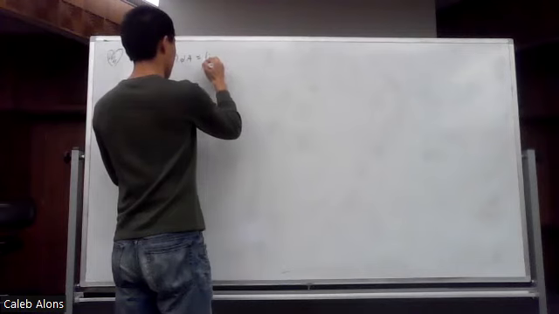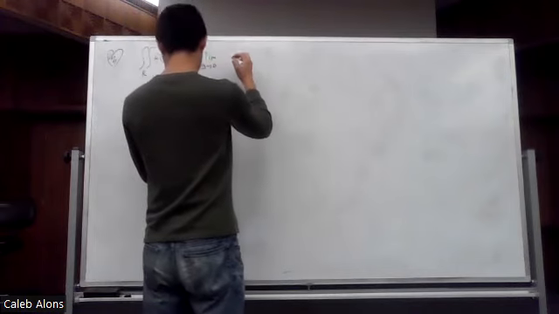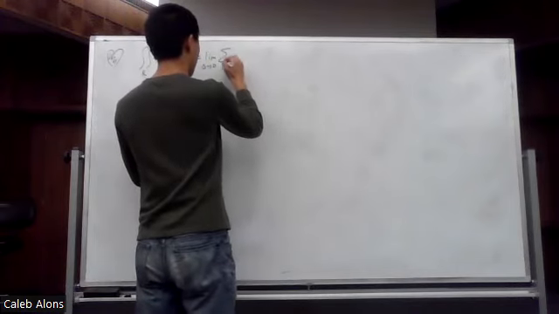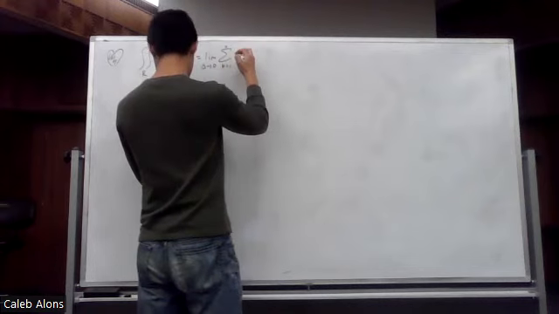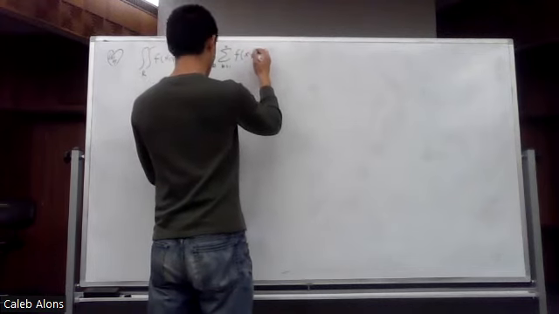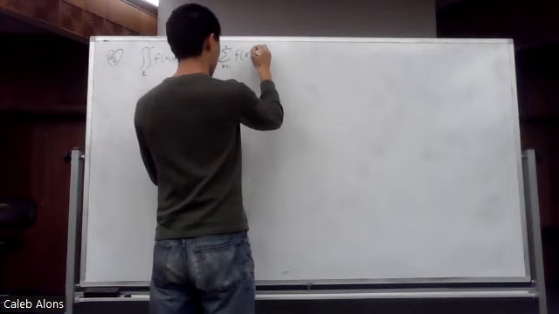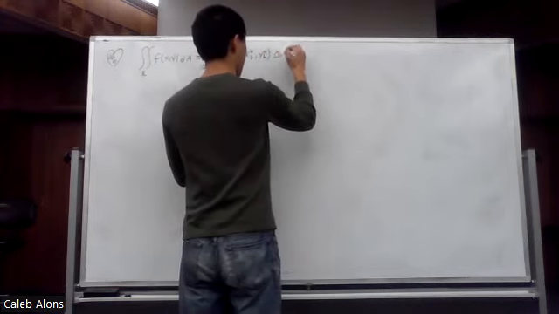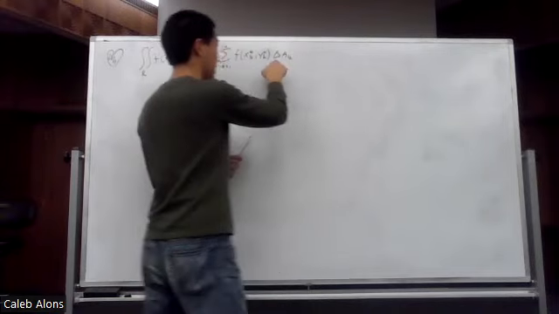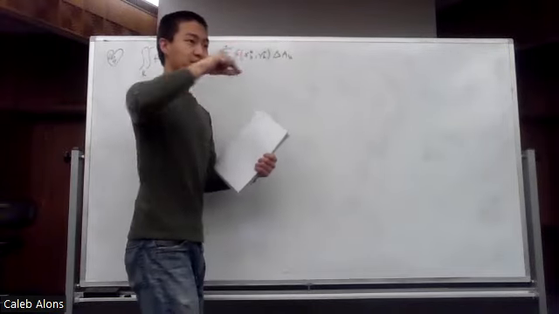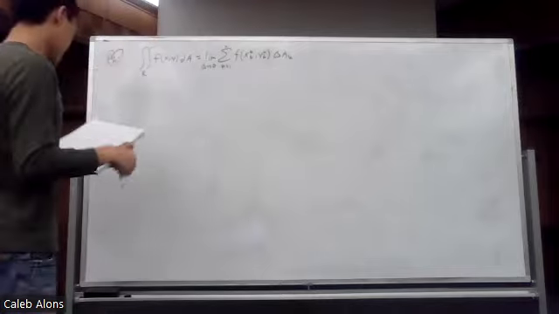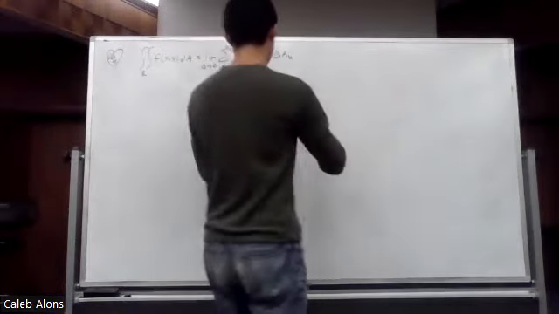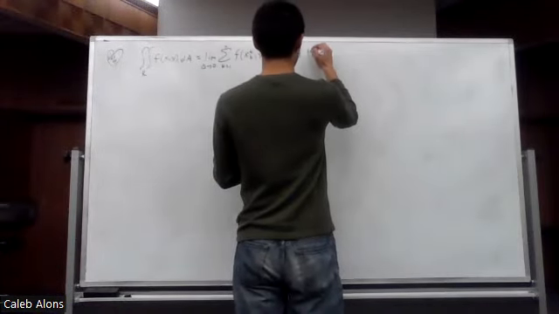We already talked about this being the limit as delta approaches 0 of the sum for k equals 1 to n of f of x sub k star and y sub k star, times delta A sub k, like the bathroom tiles that you would add up over a certain region. Now, in this case, we're trying to convert to polar.